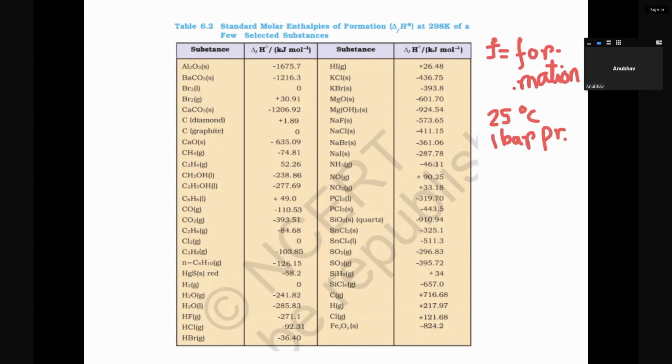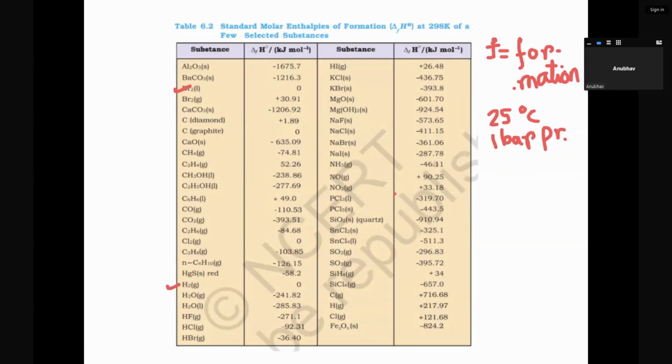Among these, you will see there are several substances which have delta_f H° equal to 0. What are those? First is bromine liquid. It has delta_f H° equal to 0. If you look at the table, you will see several other molecules, like H2 gas, that have a delta_f H° equal to 0, as you can see over here.